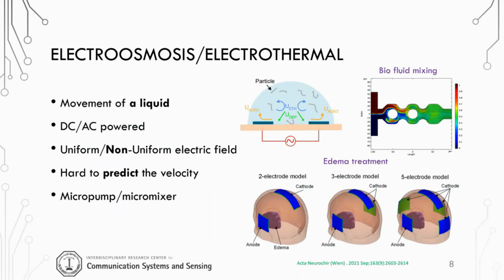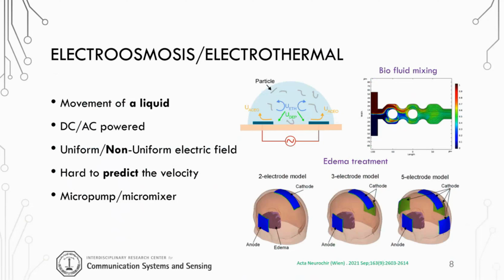The following force is also called electroosmosis or electrothermal. This is also one of the mechanisms that has a lot of applications. So let me first introduce the force and how it is different from the previous one. First, it is movement of a liquid, which means the liquid will usually contain particles for sure. But the mechanism of this force is that the liquid will move due to some kind of heat.